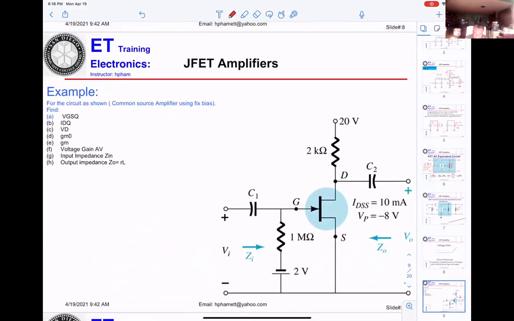Okay, for me, at least at this time, can you do a calculation for me in this circuit? I want VGSQ, IDQ.